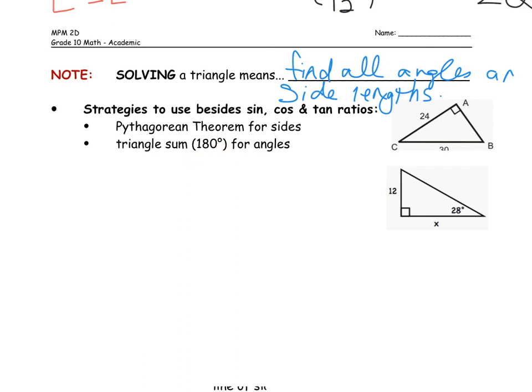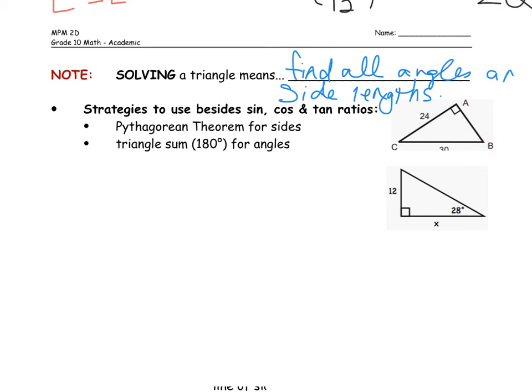So for example, let's look. I've picked out a couple of triangles here for you to take a look at, and we're not going to solve them because that would take too long, but I do want to talk about strategy in terms of steps. So first I want to look at this triangle right here. I can see that it has one side length that is 24 and another side that is 30. And so there, if I'm trying to find out information about this last side here, one option certainly would be for me to use Pythagorean theorem to find the length of that third side.